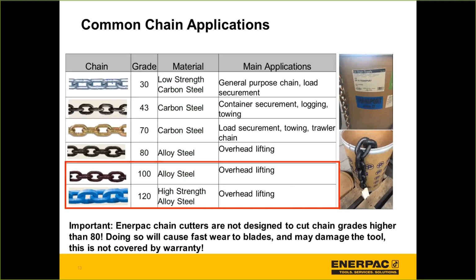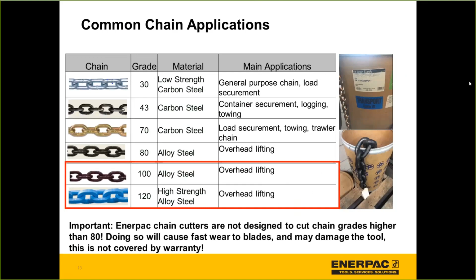So there are a lot of types of chain out there, and these range from your very low grade, grade 30 general purpose chain to the grade 120 high strength alloy. When we talk with our customers, we tend to see a lot of the grade 43 and the grade 70 general purpose chains used, and these are used in things like container securement and towing and similar types of applications.